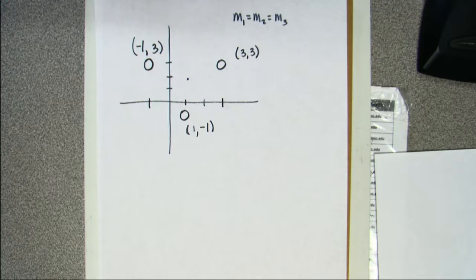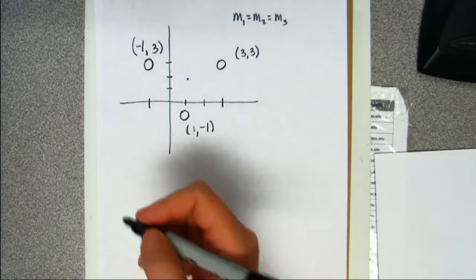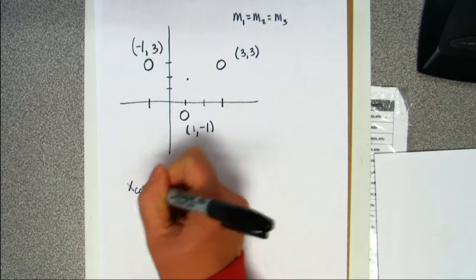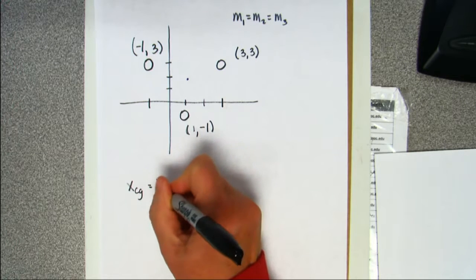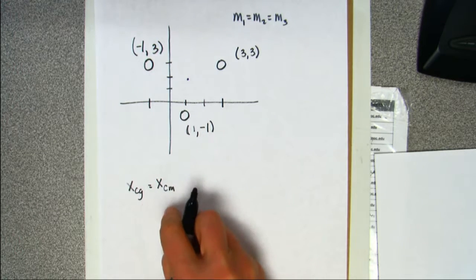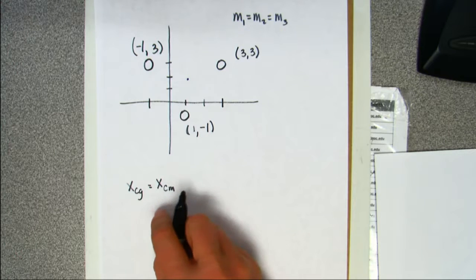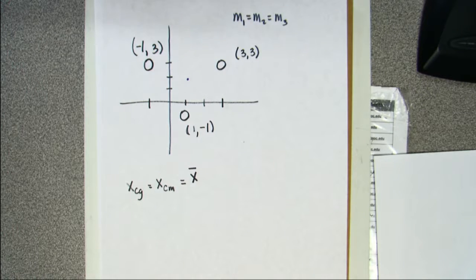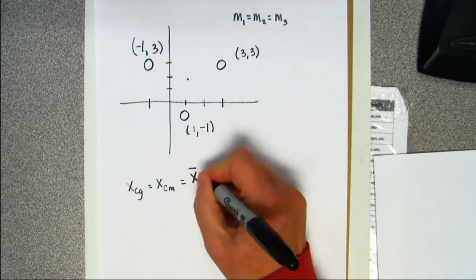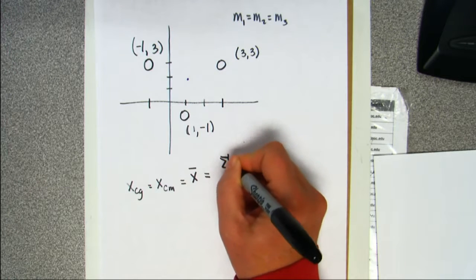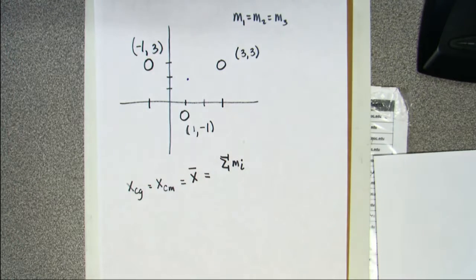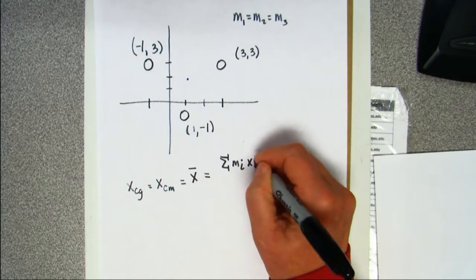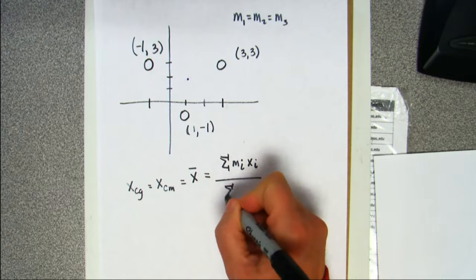Because we've done it. We've played the gravity game. By definition, we can do this as x center of gravity or x center of mass. Center of gravity, center of mass, same thing. One is just we're talking about gravity, the other we're talking about mass. Or I can do this with a bar across the top. This is going to be equal to the sum of the individual masses m sub i times its x position, divided by the total sum of the masses.